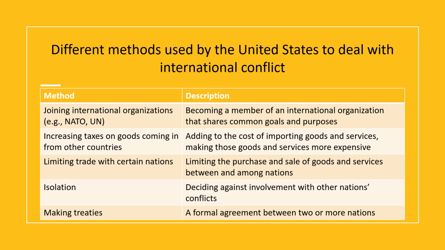We continue our discussion of different methods used by the United States to deal with international conflict. One way that the U.S. deals with international conflict is by joining international organizations.